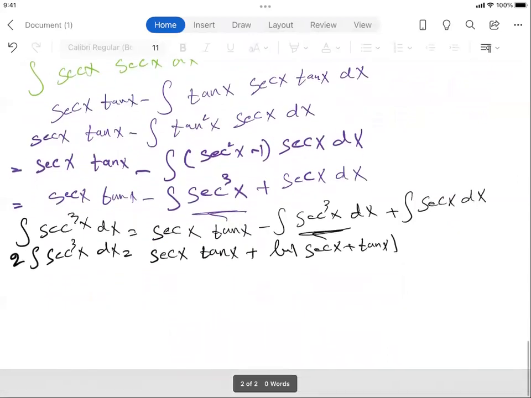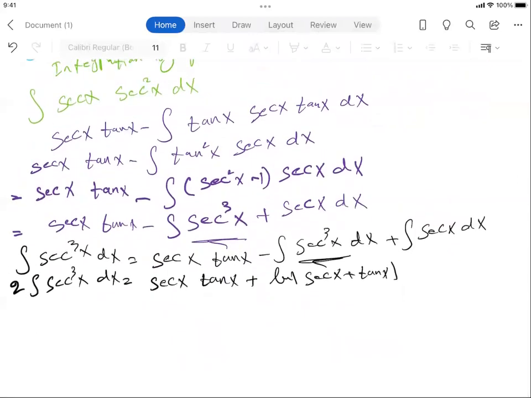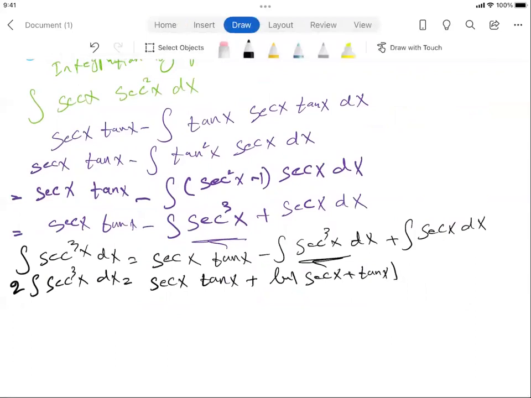And one last step is that I need to scale by the appropriate scalar. So I need to divide both sides by 2.